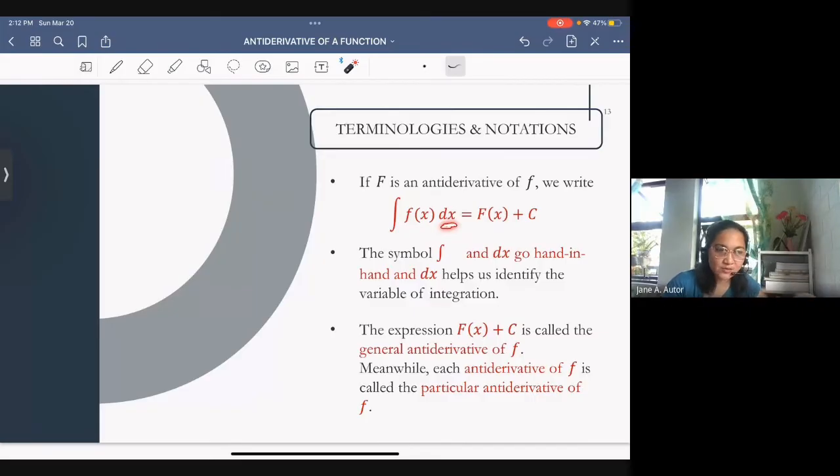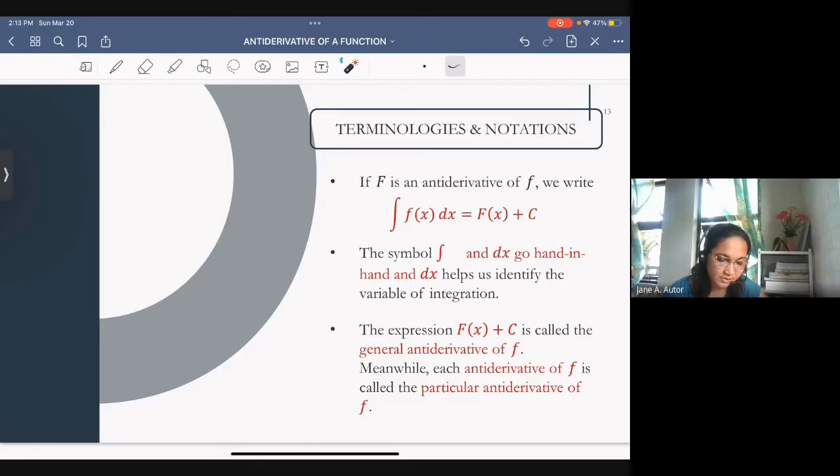When it comes to the derivative of a function, we have the derivative with respect to x. For this situation, we have the integral of f of x dx, meaning the variable of integration is x. The expression uppercase F of x plus C is called the general antiderivative of small f. Meanwhile, each antiderivative of small f is called a particular antiderivative of small f.